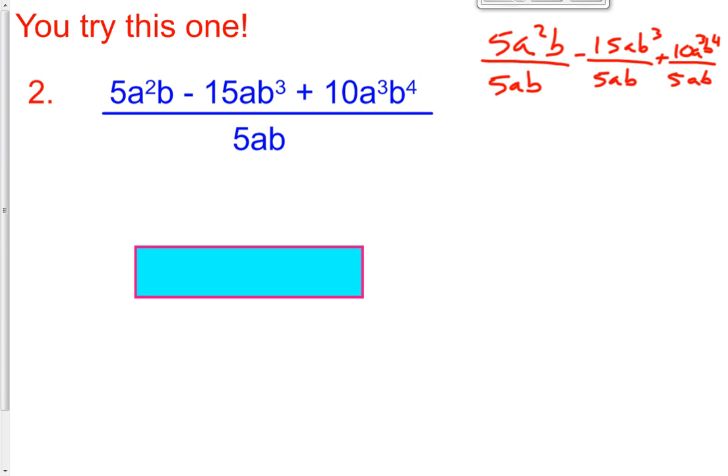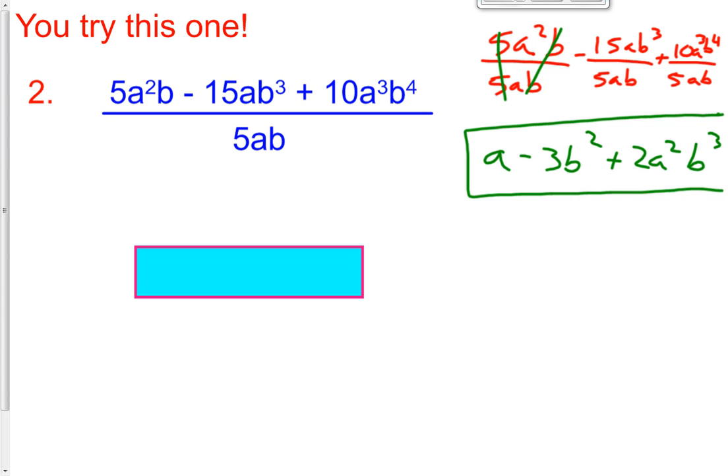Now we simplify and we get a for our first term because our b's cancel out, minus 3b squared, plus 2a squared b cubed. So hopefully all of you got this as your answer for problem number 2.